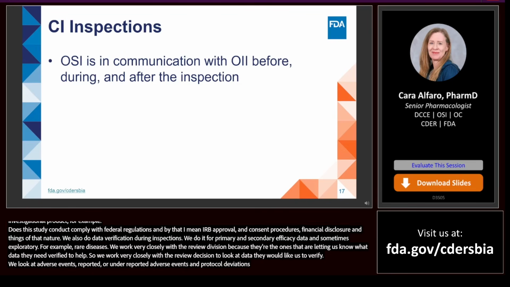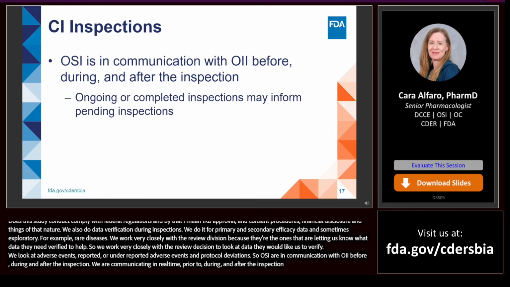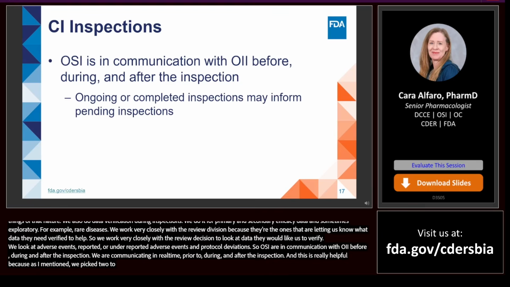So OSI, we are in communication with OII before, during, and after the inspection. We just don't wait at the end for the report and then look at it and go on our merry way. We actually are communicating in real time prior to, during, and after the inspection. And this is really helpful because, as I mentioned, we pick 2 to 3, maybe more clinical sites. So we may have inspections ongoing at different time frames.